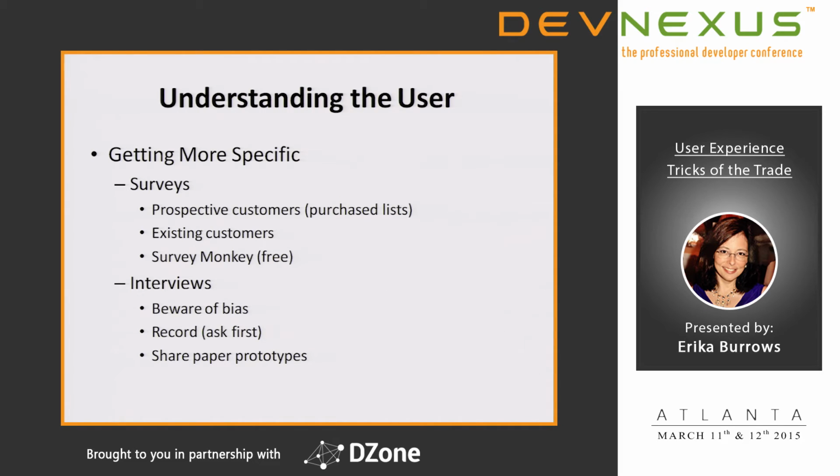If you're faced with a choice of you only got so much money, and you can either give them the ability to pay online or you can give them more products in the catalog, the best person to ask is your customer. What do you want us to do? If you don't ask your customer, some VP is going to tell you and the VP will be wrong. Existing customers are great if you can get them. And there's all kinds of tools. For example, SurveyMonkey. I've used it for years and years and years for free.